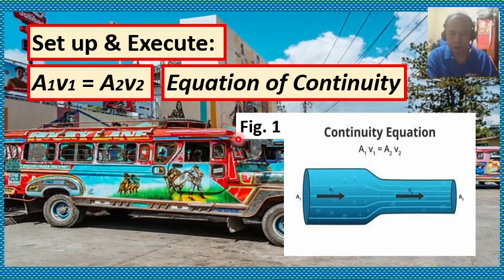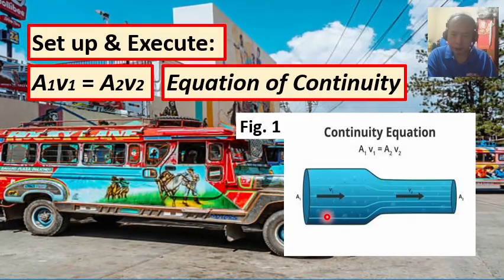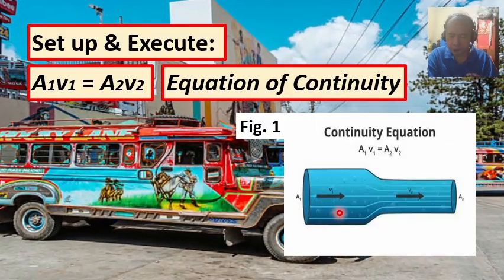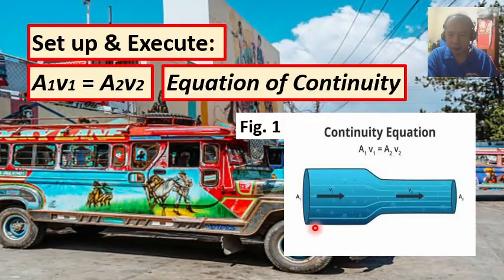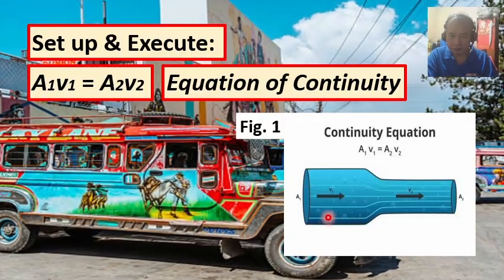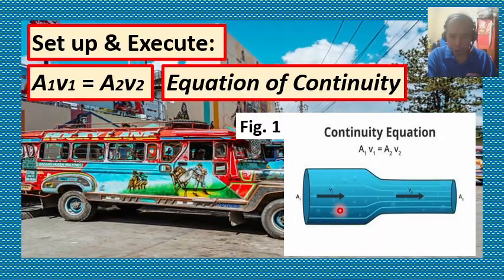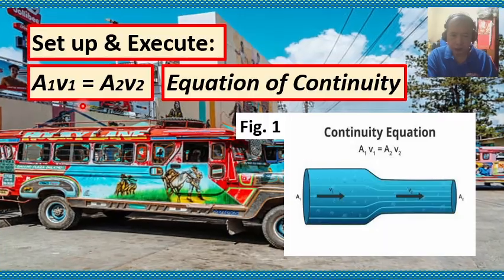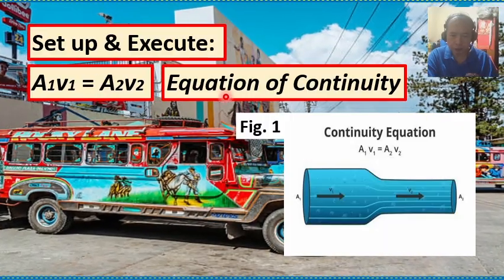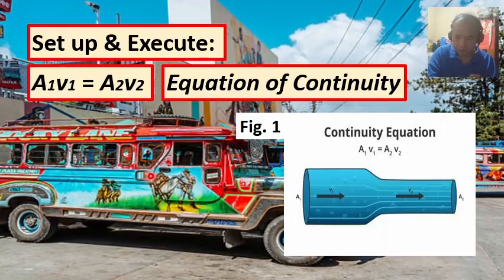In other words, the bigger the pipe or the larger the diameter of the cross-sectional area, the lower is the flow speed of water. That is what we can deduce from this equation of continuity.